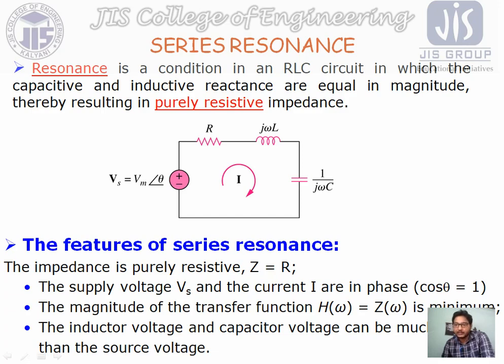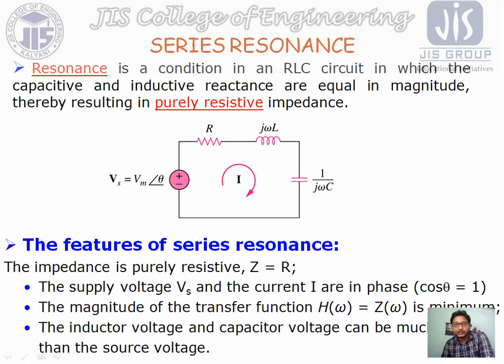As they are opposite in nature, they will try to nullify each other if they have the same effect on the circuit. That type of condition is called the resonance condition.